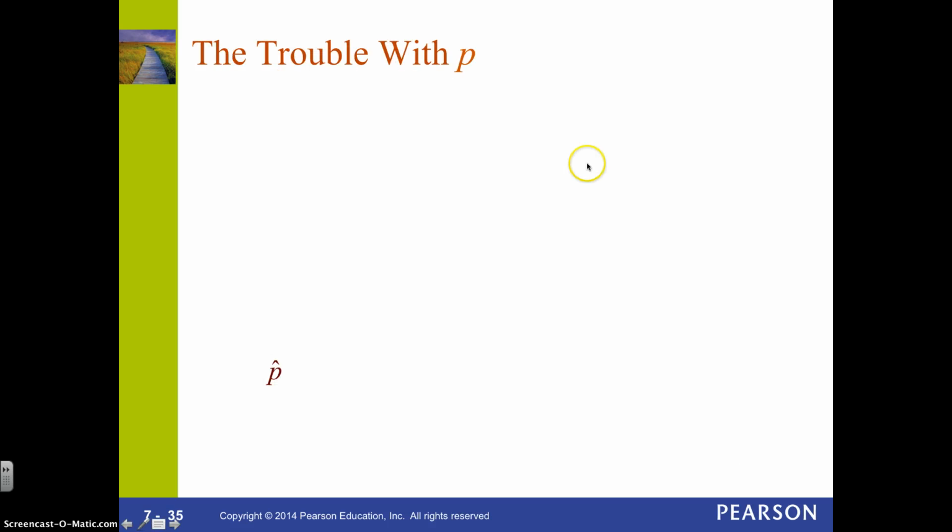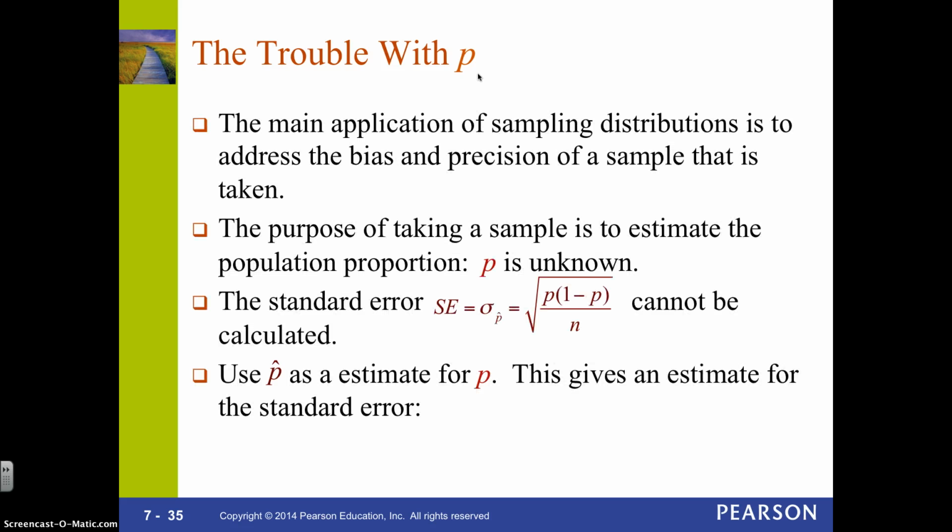Okay, so what's the trouble with using P? Well, we don't normally know P, because if we knew the population proportion, why would I need to do a sample? The main application of the sampling distribution is to address the bias and precision of a sample that's taken. The purpose of taking a sample is to estimate the population proportion, so normally P is going to be unknown, so I have no way of calculating my standard error.